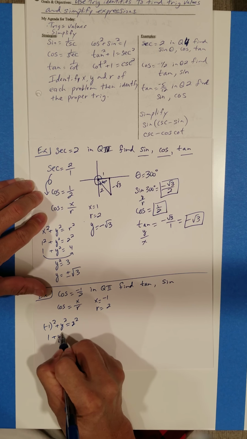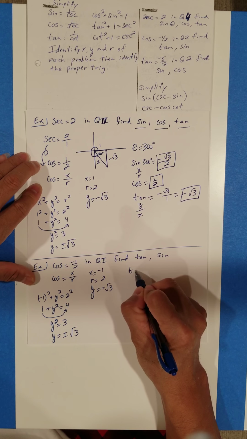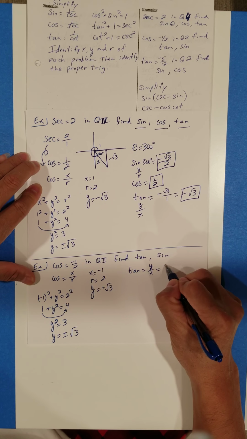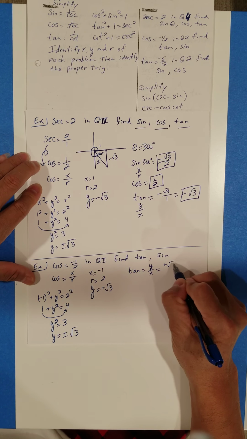Now, be careful. We're in quadrant 2. In quadrant 2, is y positive or negative? In quadrant 2, y is a positive radical 3. So now we can find tangent easily. Tangent is y over x, positive radical 3 over -1. Just simplify that: negative square root of 3.